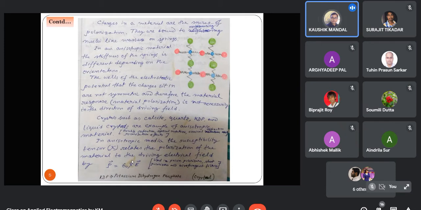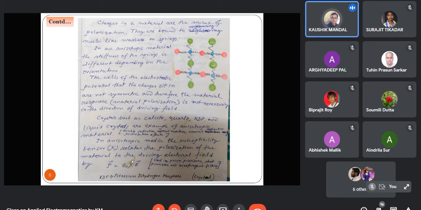Clear? So the tensor is basically the generalized form of vectors and scalars.